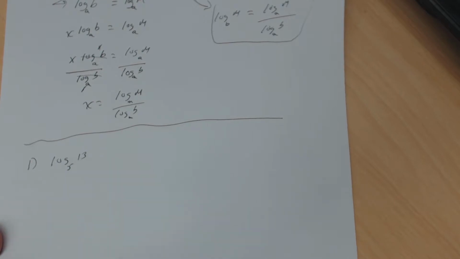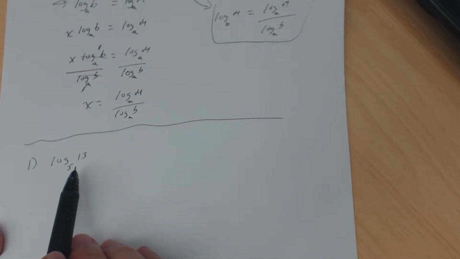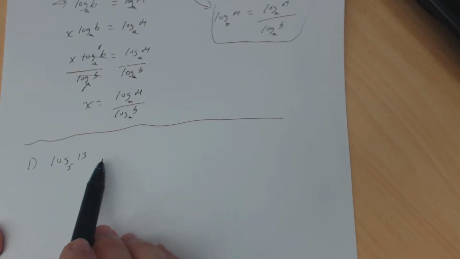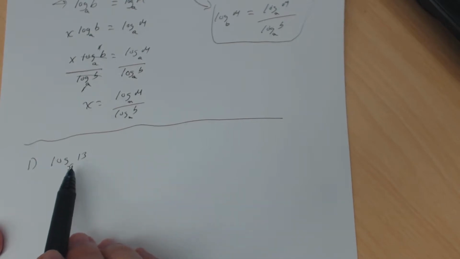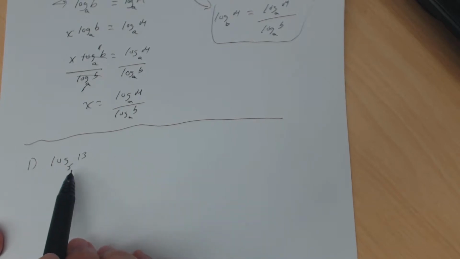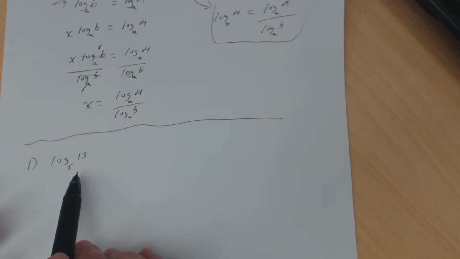There's no way you can tell me what that power is. It's not even a whole number. So 5 squared is not 13, 5 cubed is not 13, and so on. Only 5 to a decimal will approximate it, but there's just no way you could figure it out without using a calculator.